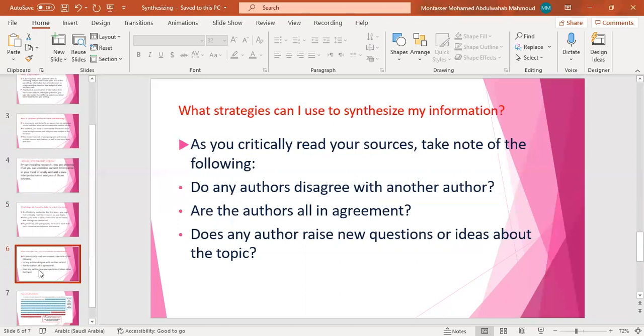The first point is to ask yourself, do any authors disagree with another author? Because you take information from different sources, from different authors. So are these authors in agreement or do they disagree with each other? Are the authors all in agreement? Does any of them raise new questions or ideas about the topic?